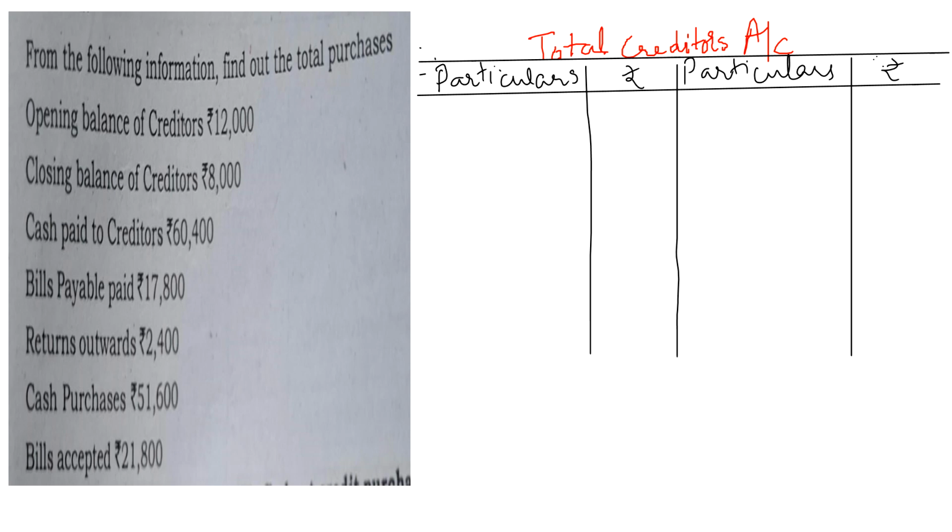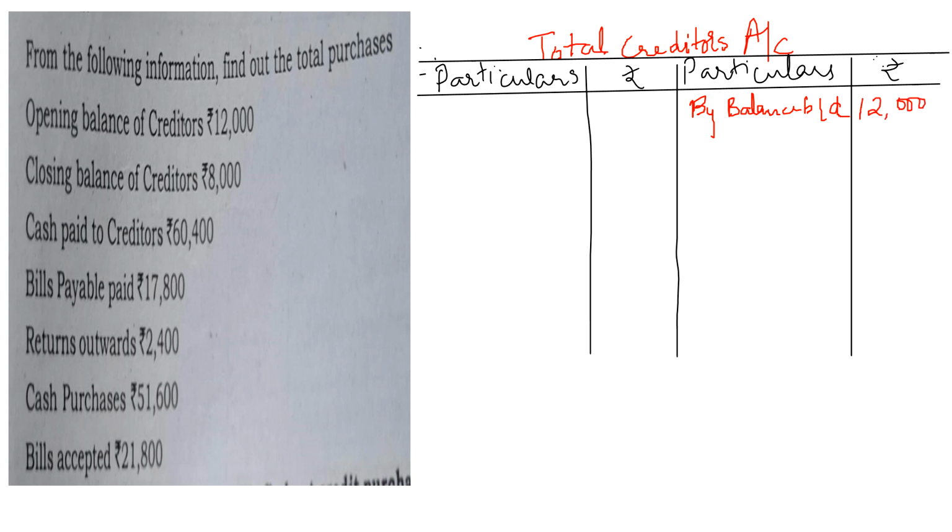So opening balance is a credit balance. So you'll be recording that as by opening balance, or by balance brought down. It is the previous balance, so we are bringing it down, and the amount here is 12,000.